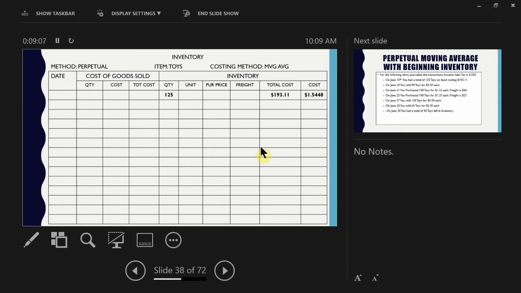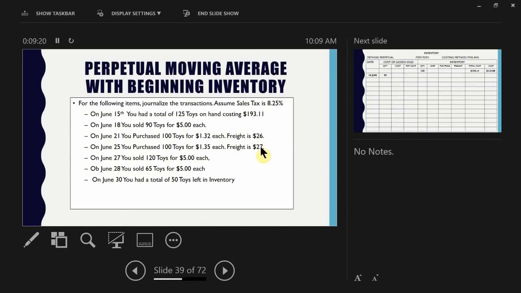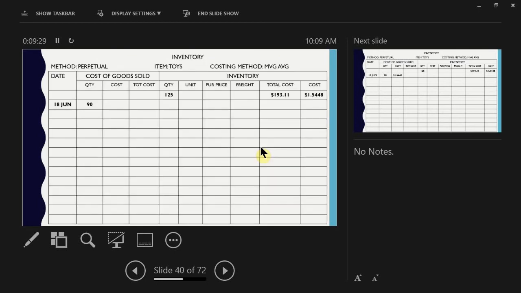So as we know from the previous one, we had 125 items costing me $193.11, right? I carried that over. Okay. So then on June 18, you sold 90 toys. Straightforward. We've already calculated, so all we're going to do is carry the information over.